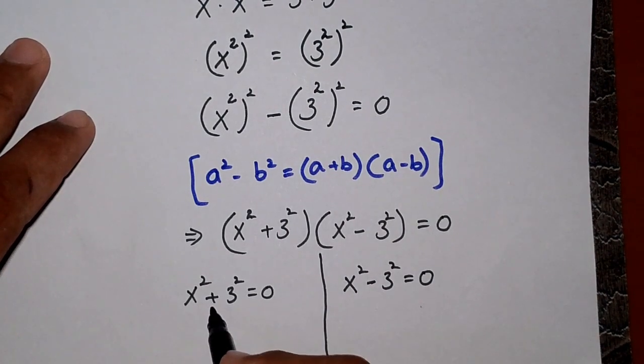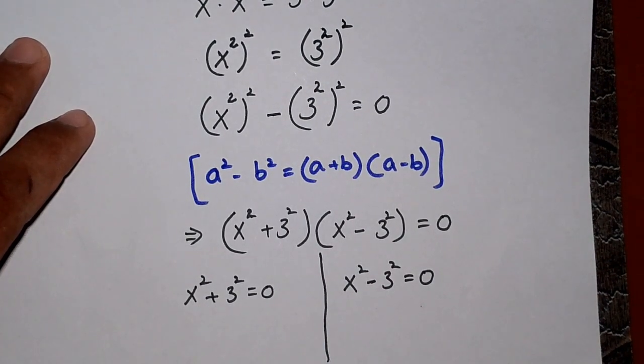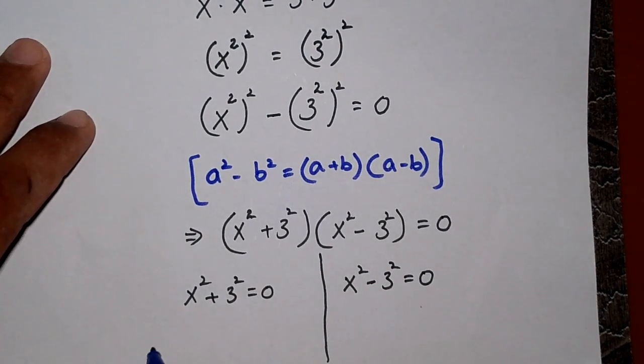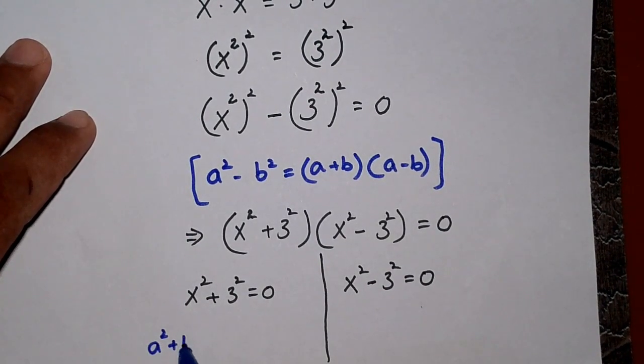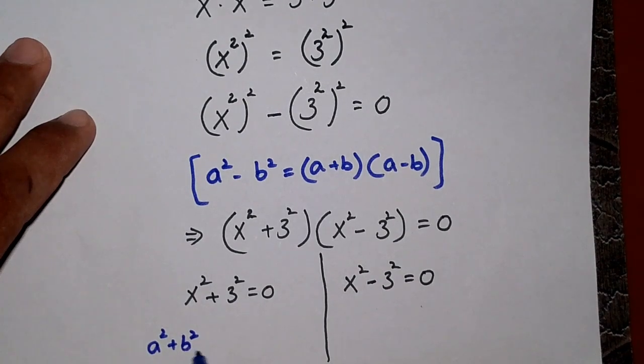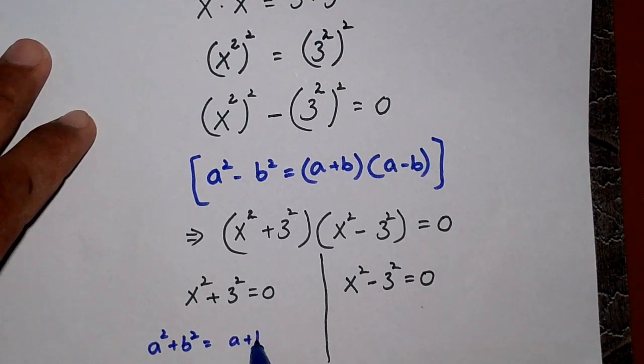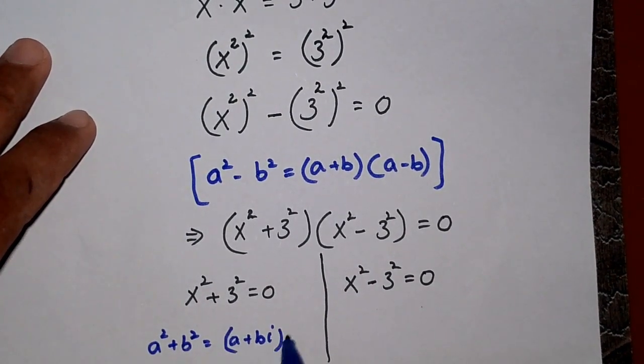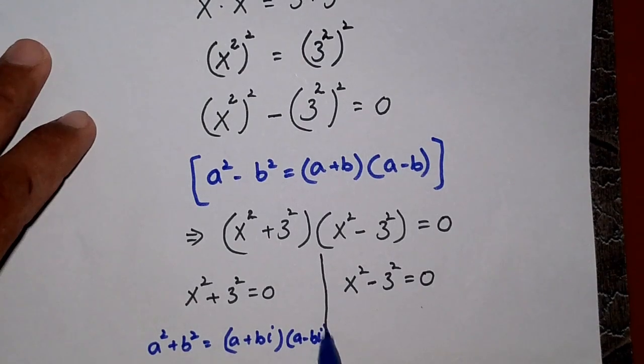So here x square plus 3 square is equal to 0. Now to solve this, we have to apply the identity a square plus b square is equal to a plus bi bracket times a minus bi bracket.